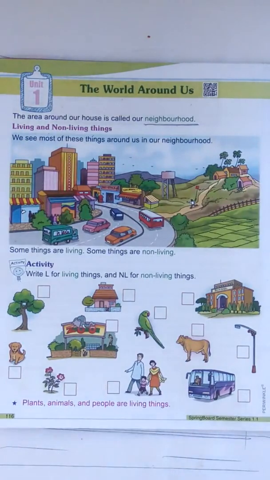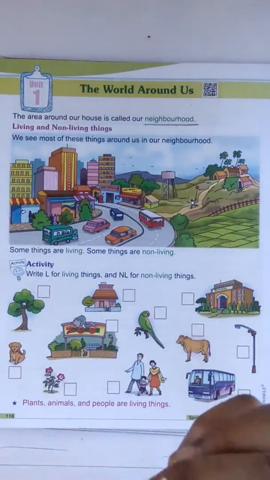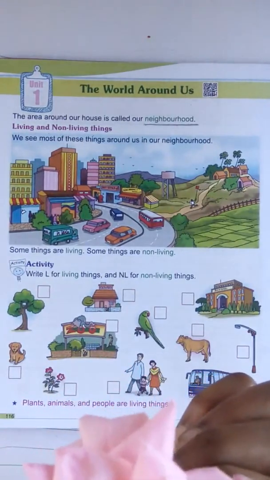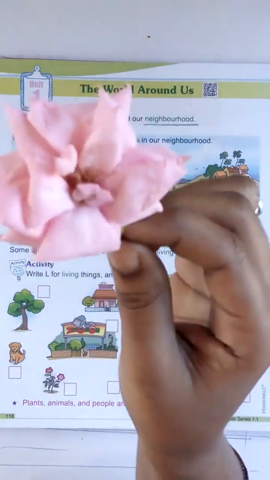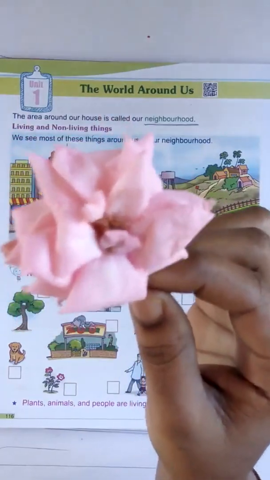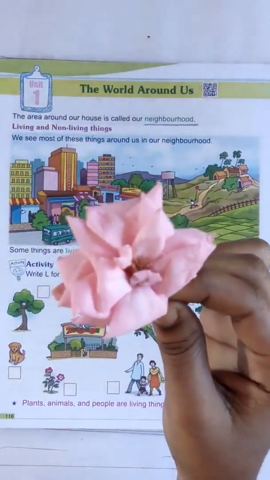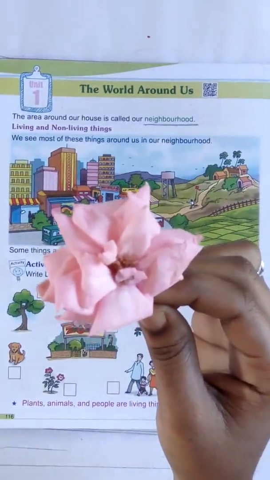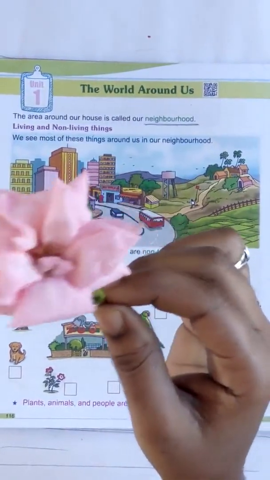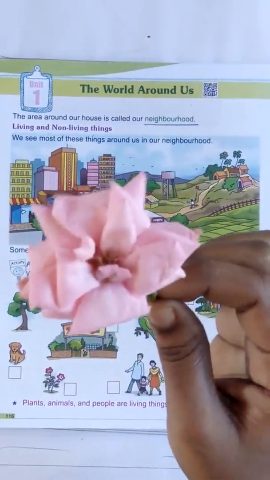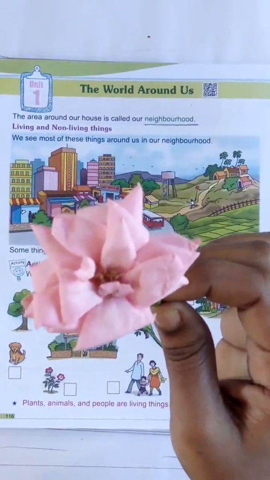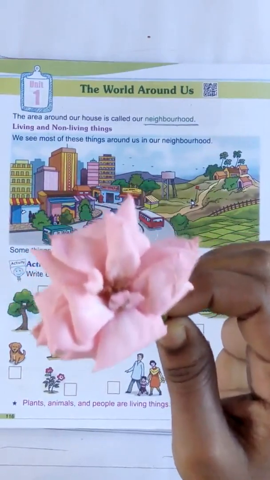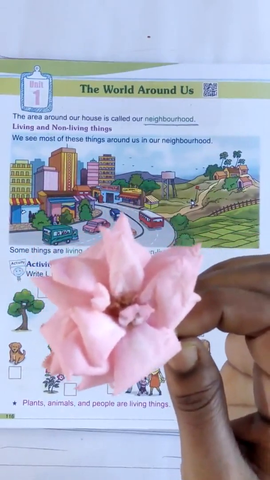Okay, first one is, what is this? Yes, it is a flower. Very good. Tell me, children, does a flower grow?